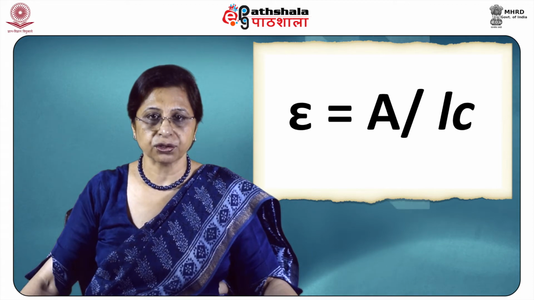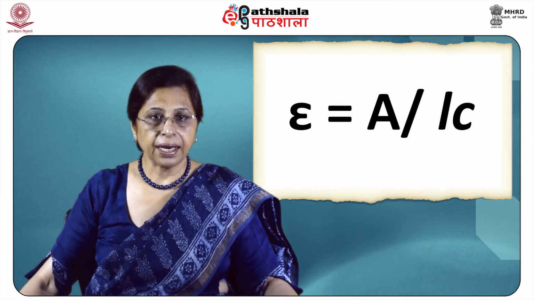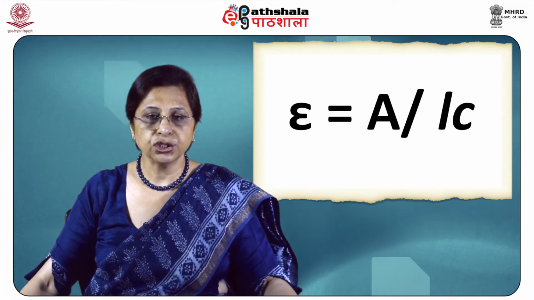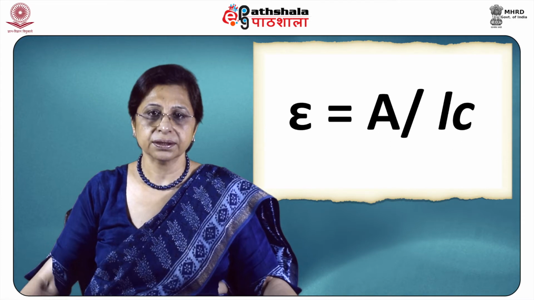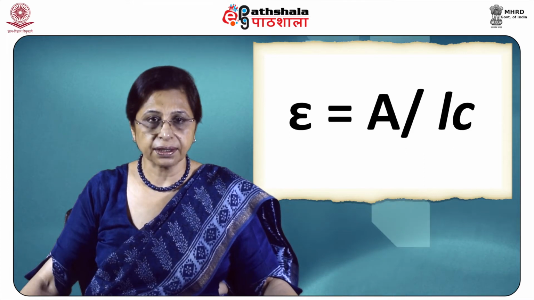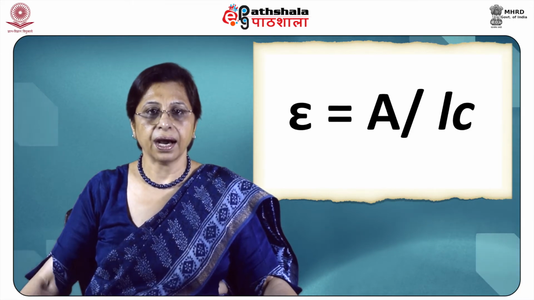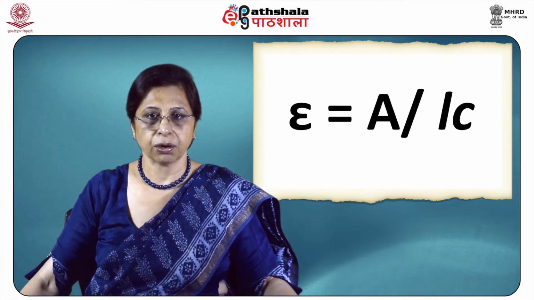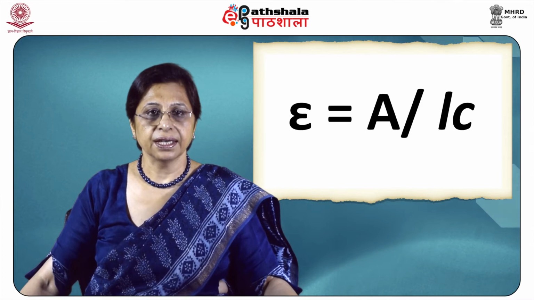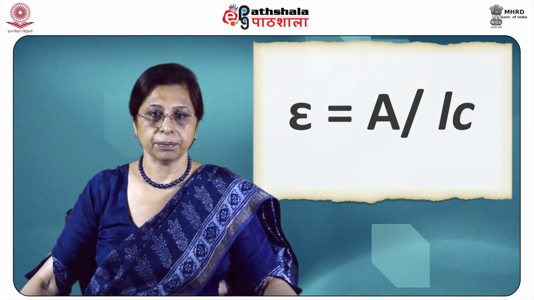The larger the value of epsilon, the more is the intensity of the absorption, and the value of molar absorptivity ranges from 0 to 10 raised to the power 6. Transitions with molar absorptivity greater than 10 raised to the power 4 are called high intensity absorptions, while transitions with molar absorptivity less than 10 raised to the power 4 are low intensity absorptions.